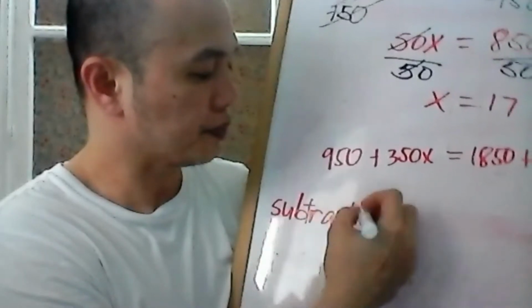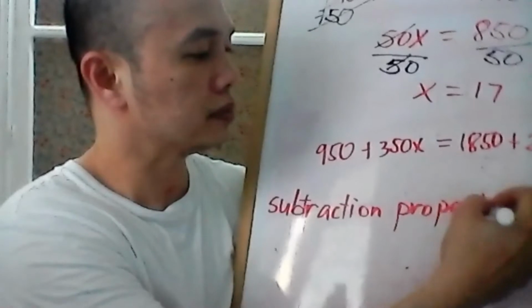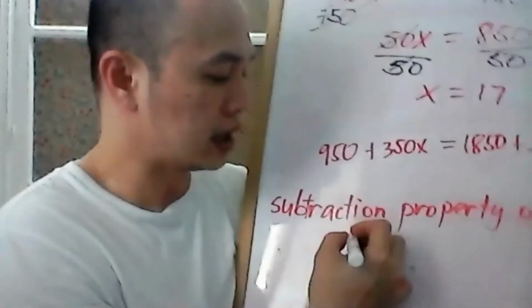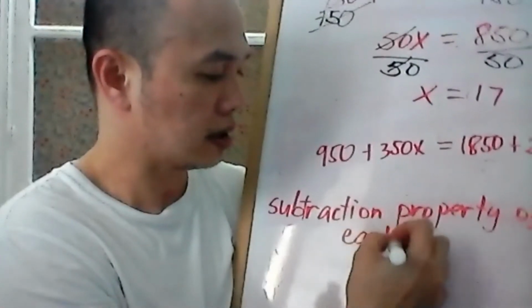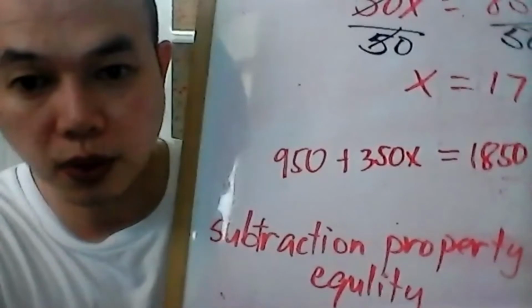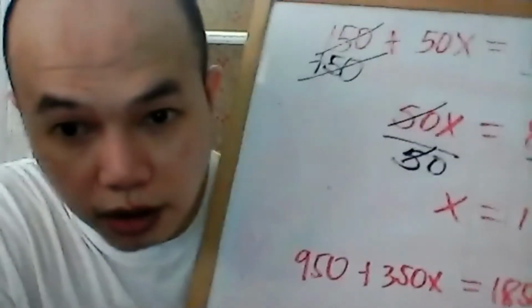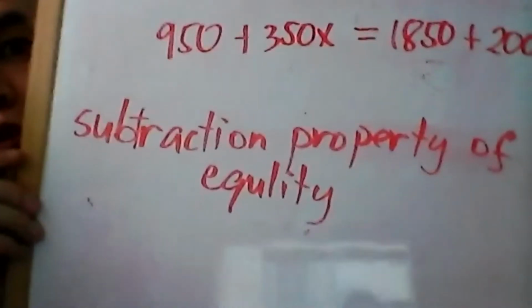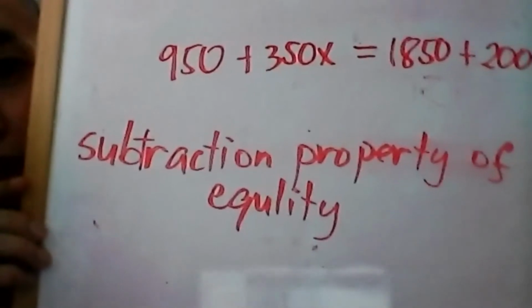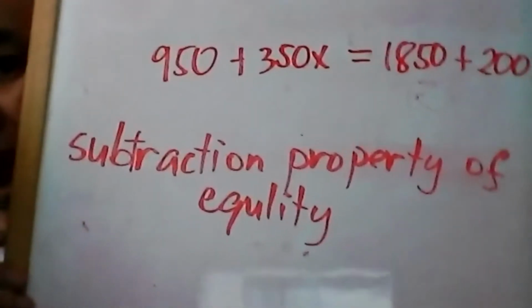Subtraction property of equality. Okay, please type there in your box. 1C. Yeah, subtraction property of equality.